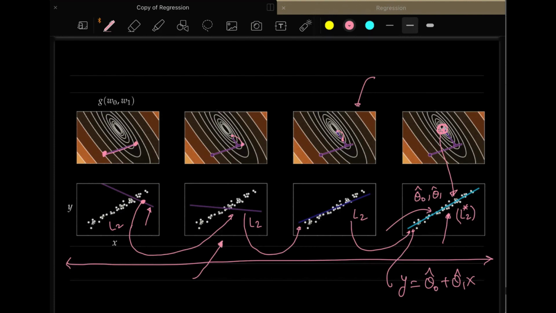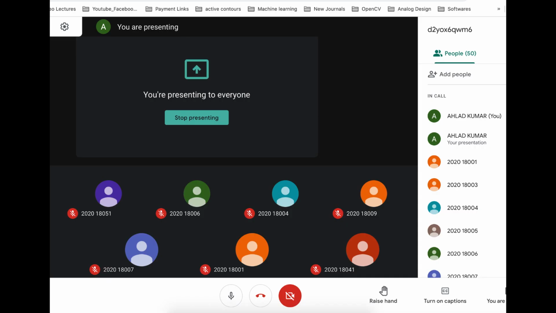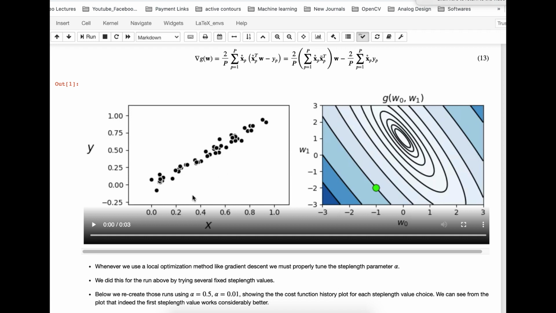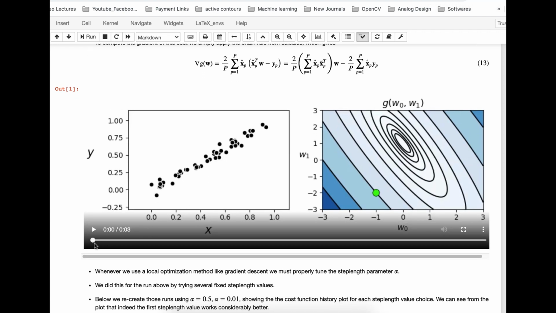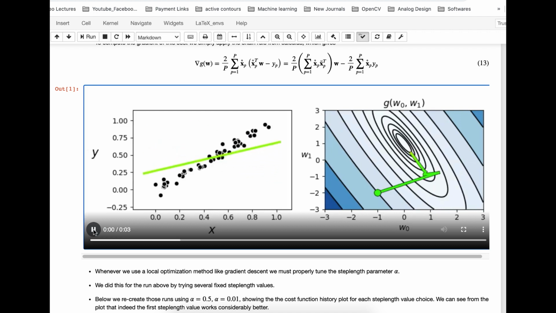I just want to show you a running version of this, so you can get a very clear picture of it. Here I have this document, so you can see how the line will be fitting, and how the data points will be moving to the global minima. I am running this, and you can see how the line is varying and trying to fit onto the data set.